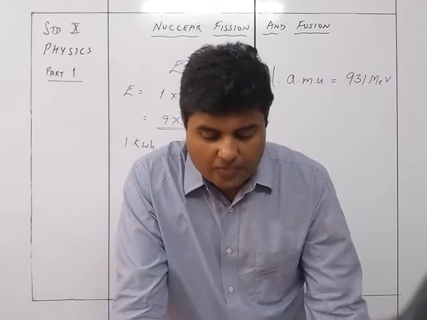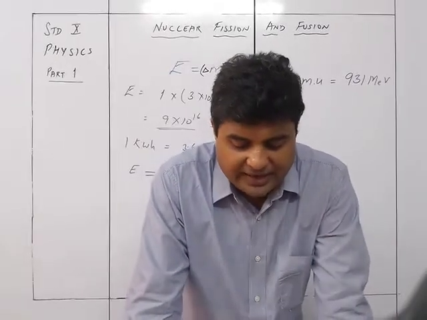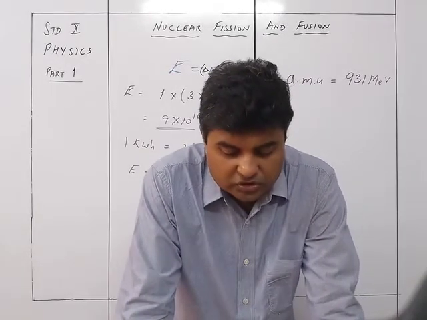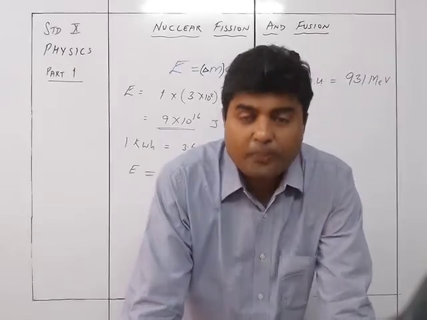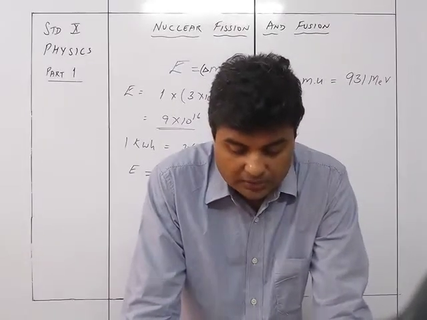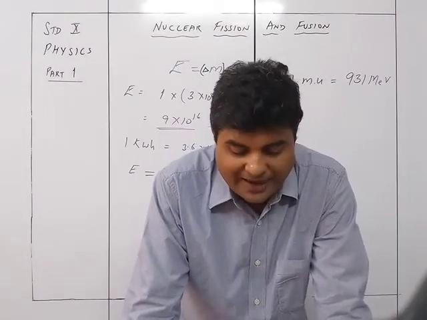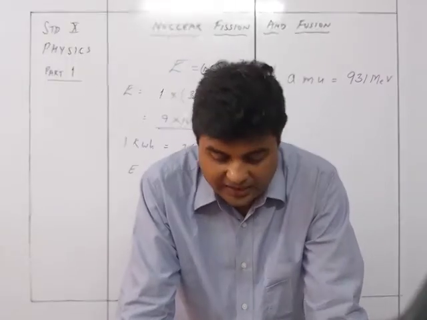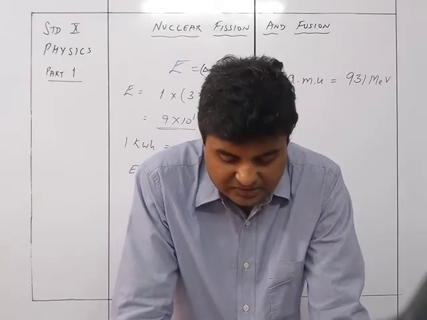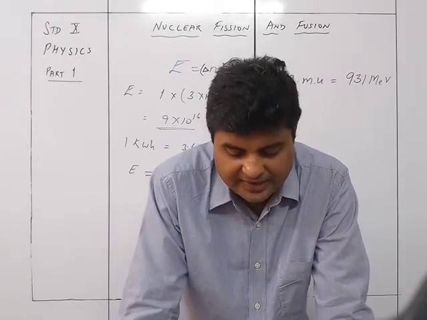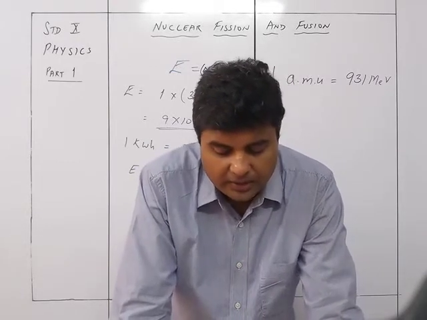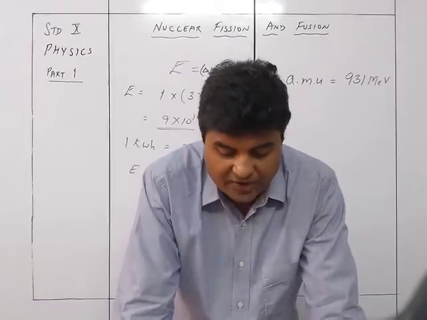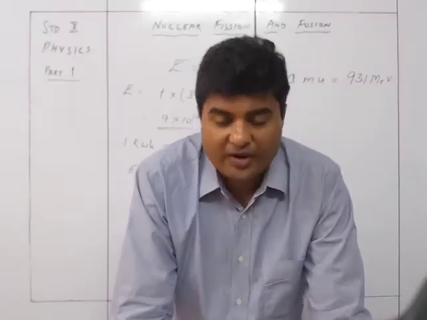The mass of an electron, proton and neutron in terms of kg, AMU and mega electron volts are as follows. Electron will be 0.511 mega electron volt. Mass of proton will be 938.3 mega electron volt. Mass of neutron will be 939 mega electron volt. To summarize, the electron is 9.1 into 10 raised to minus 31 kg, 0.00055 AMU, 0.511 mega electron volt.